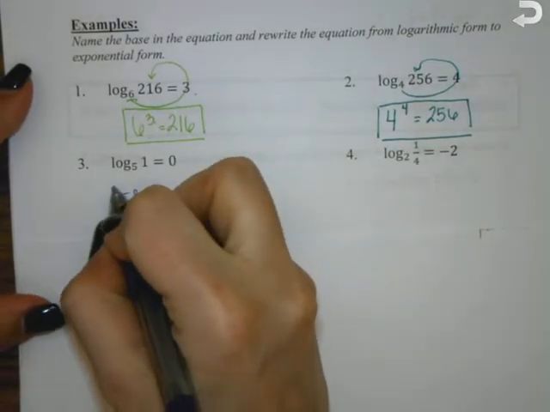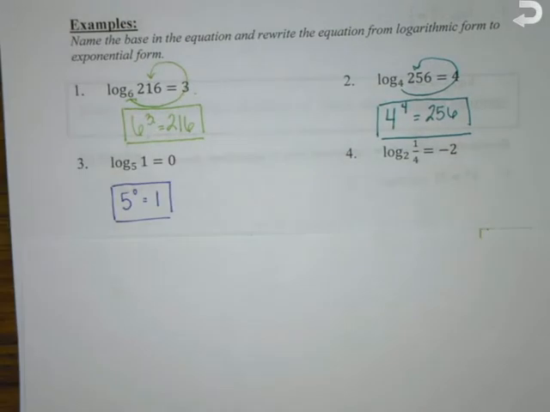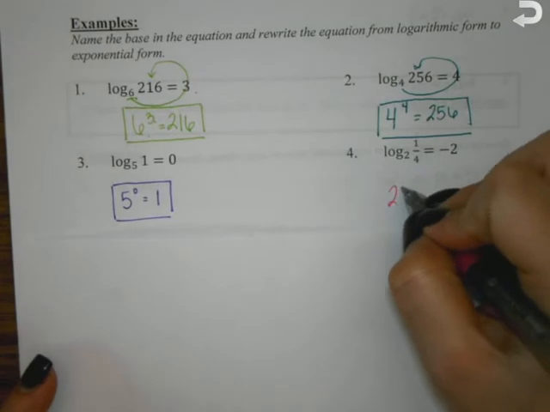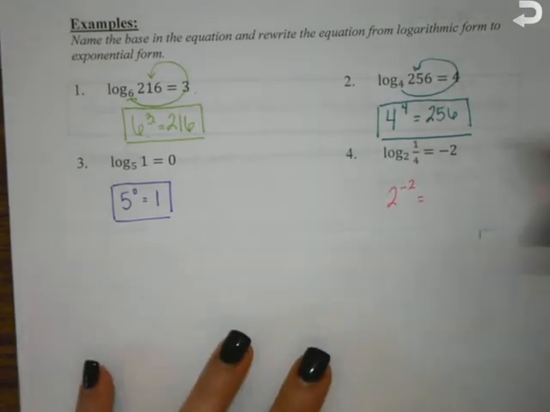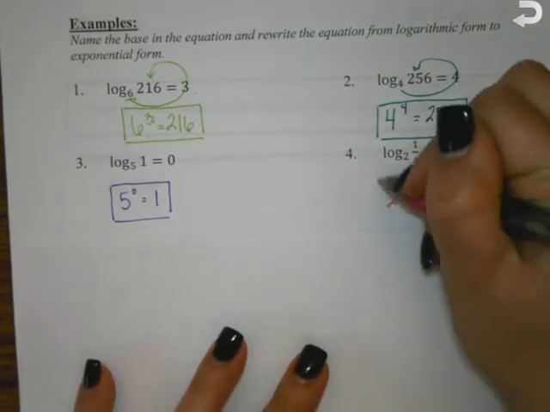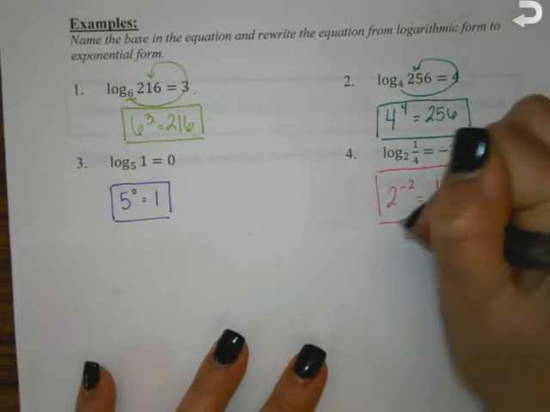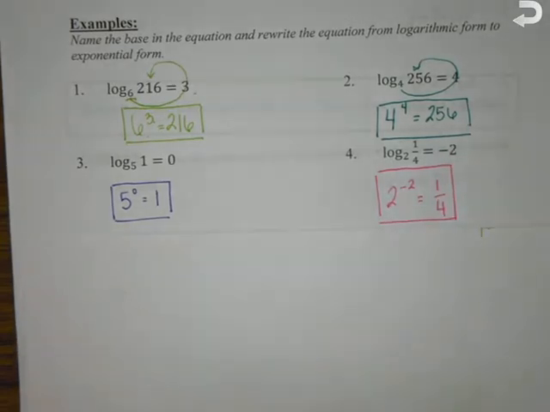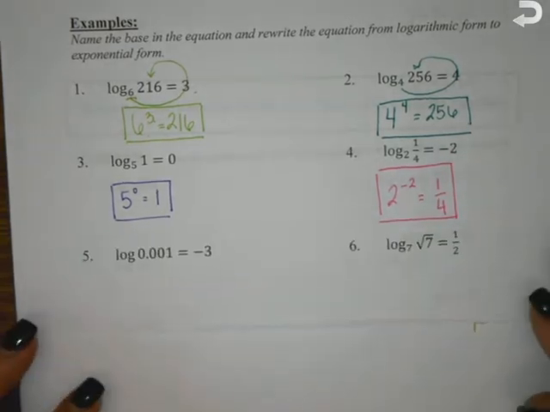Is that a true statement? Okay, what I'm trying to show you is that a log and an exponent are actually the exact same thing. It's just a different way of writing them. What about number 4? 2 to the negative 2 equals 1/4. Okay, easy? Let's look at number 5.